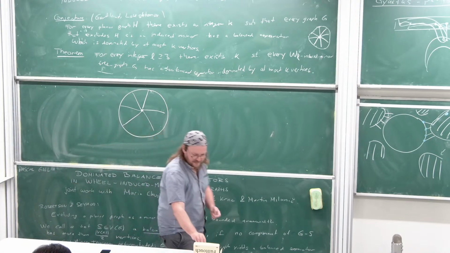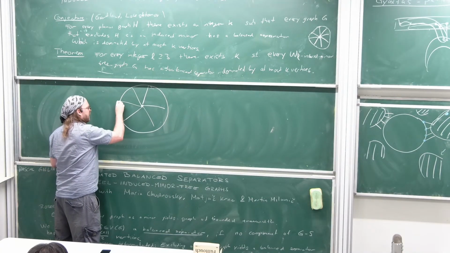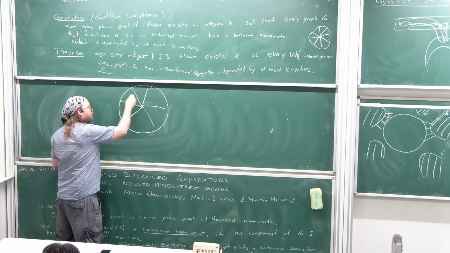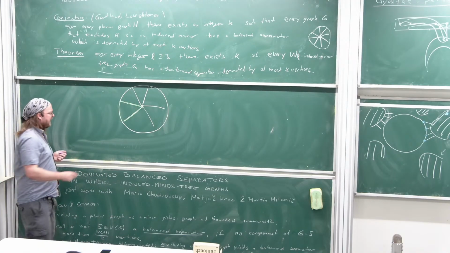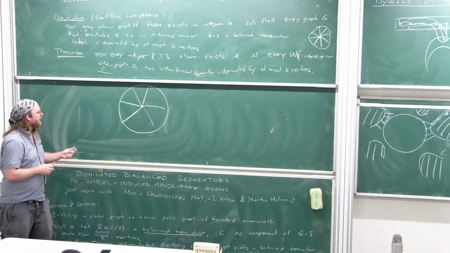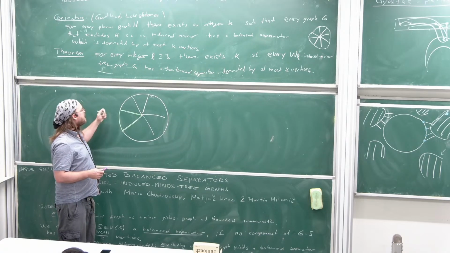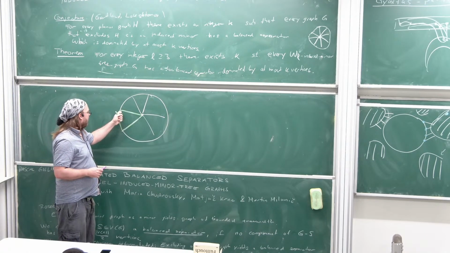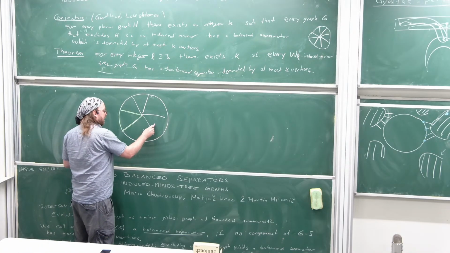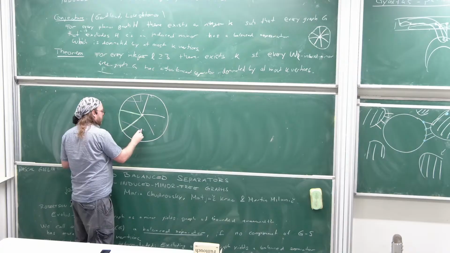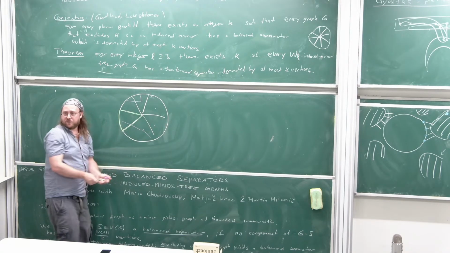So if I look at one of these segments here, which is bounded by two consecutive neighbors in this cyclic ordering along the cycle, then I can ask how well is this segment connected to the rest of the graph, where we have now also all these other vertices?